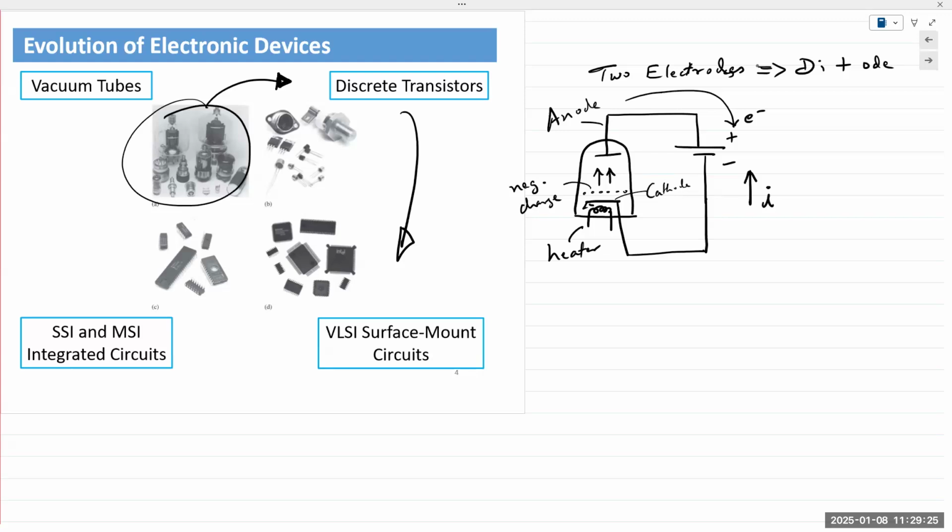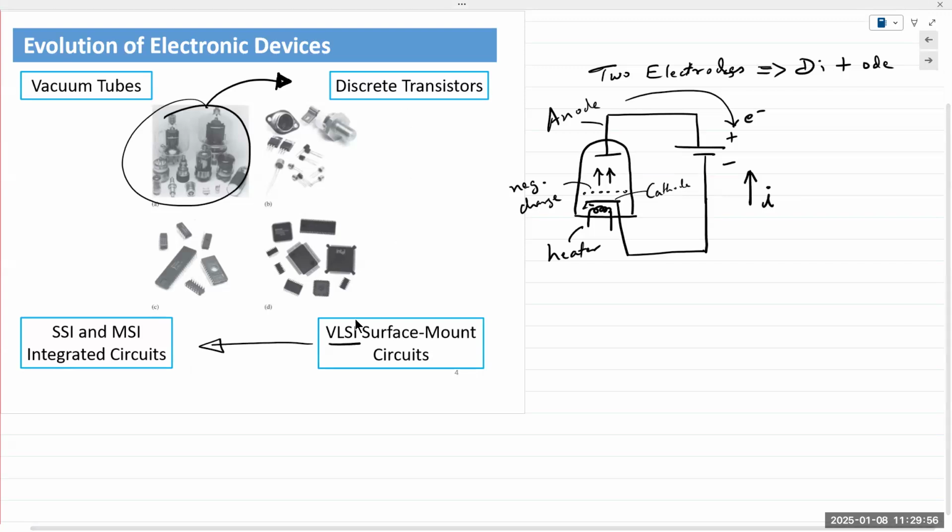And now, of course, we have surface mount devices, very large integration, very, very large integration, and very, very, very large integration. Okay, so SSI stands for small scale integration, small scale integrated circuits. MSI is medium scale, and VLSI is very large scale integrated circuits. That's where the name VLSI comes from.